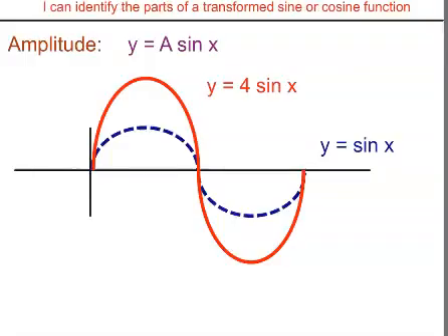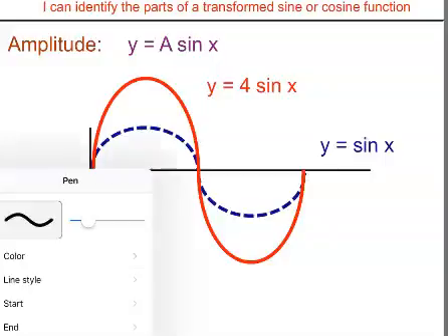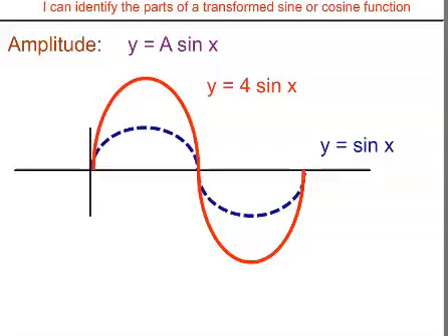So amplitude. Amplitude means height. And it's the same as a vertical stretch. So notice here that if we have a 4 in front, this 4 just means that it's going to go all the way up to a 4 here.